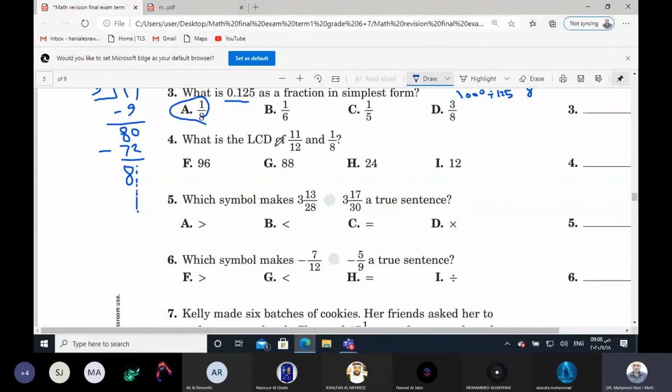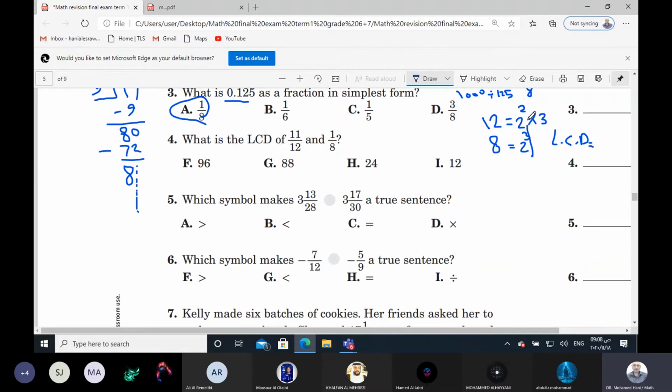What is the LCD of 11/12 and 1/8? Take 12 and find the prime factorization. 12 will be 2 times 2 times 3, meaning 2 squared times 3. And take 8 and find the prime factorization. 8 will be 2 times 2 times 2, meaning 2 cubed. Then the LCD equals the common factors in the highest exponent.